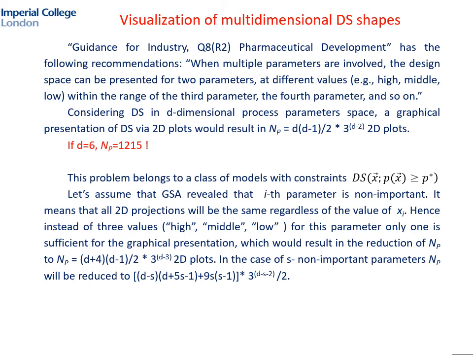It means that all 2D projections will be the same regardless of the value of x_i. Hence, instead of 3 values, high, middle, and low, for this parameter only 1 is sufficient for the graphical representation, which would result in the reduction of NP to this number of plots. And in the case of S non-important parameters, this number will be reduced further.